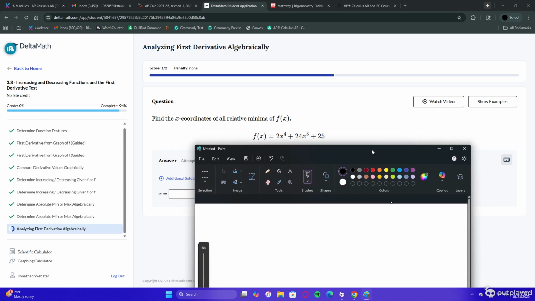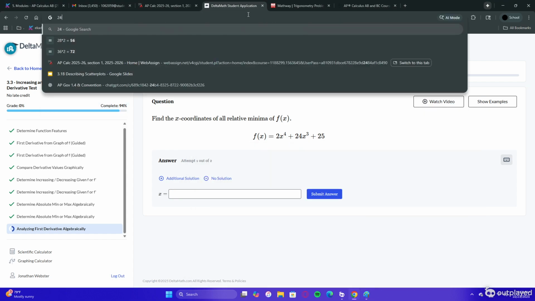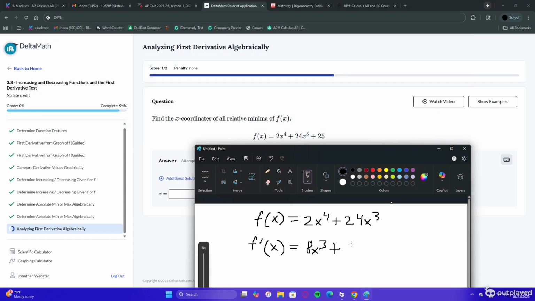And now, same thing, we're still looking for a relative min, but this time it's f of x equals 2x to the fourth plus 24x to the third. Okay, so f prime of x would be equal to 8x to the third plus 24 times 3, which is 72x to the second.